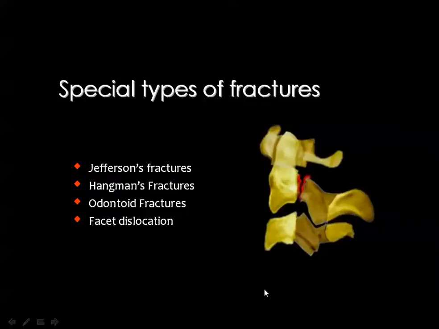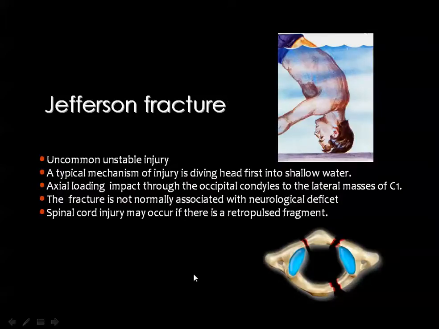Then there are special types of spinal fractures, and we would like to say some words about Jefferson fracture, hangman fracture, odontoid fractures, and the facet dislocations. Starting with Jefferson fracture, which is an uncommon, unstable injury of the cervical vertebra number 1.